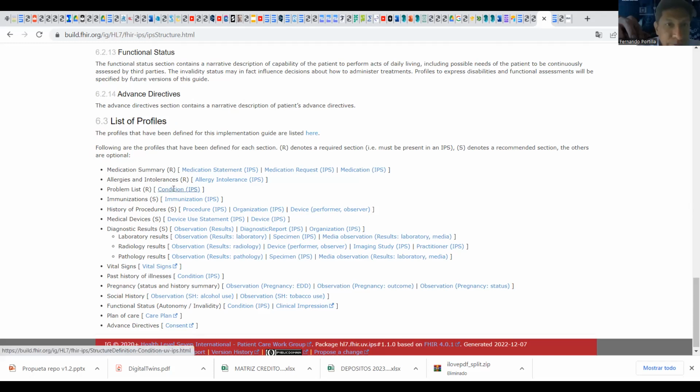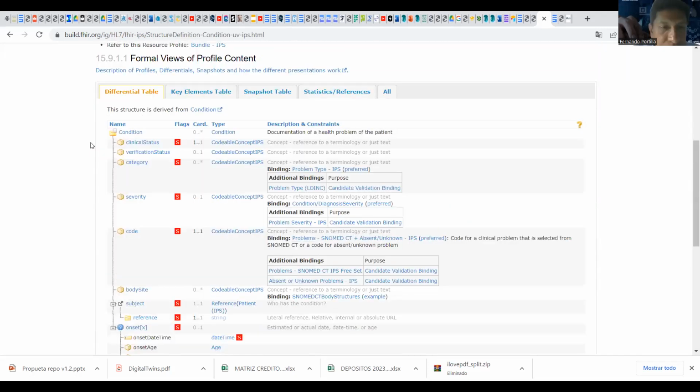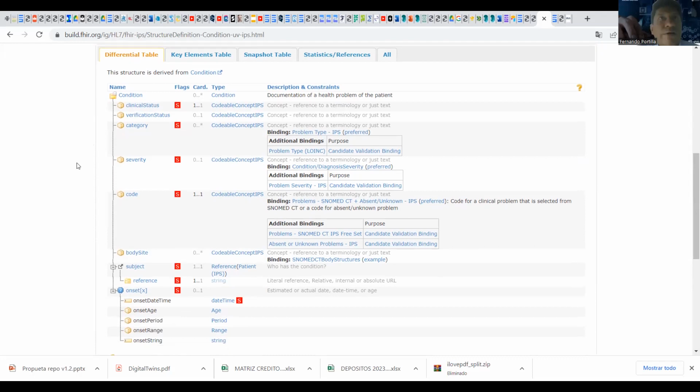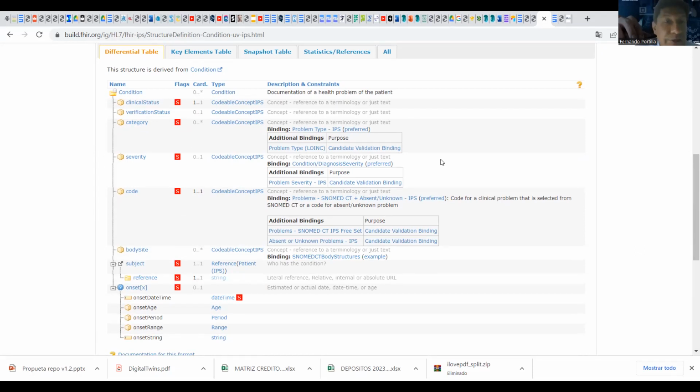So some of them have been adapted, for example, here, from the original resource, which is conditions, it is profiled and adapted, and these recommended, mandatory, or optional data, and also the necessary metadata associated.